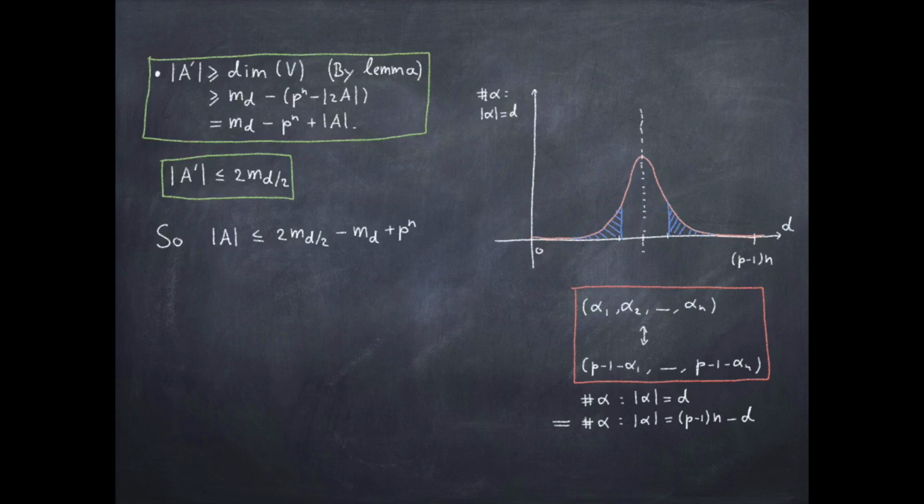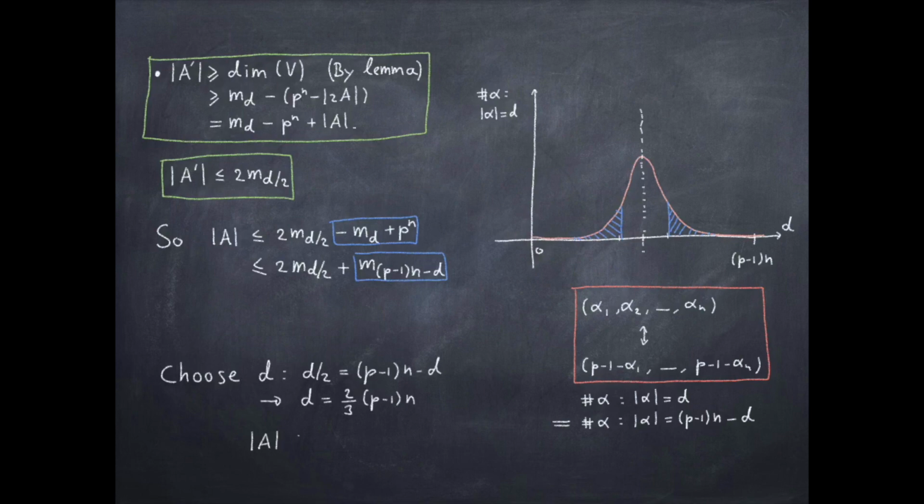If the right-hand area corresponds to the monomials of degree bigger than d, the left-hand area corresponds to the monomials of degree less than (p-1)n minus d. Hence, we obtain the following inequality. If we now choose d to be 2/3 times (p-1) times n, we obtain the desired bound.